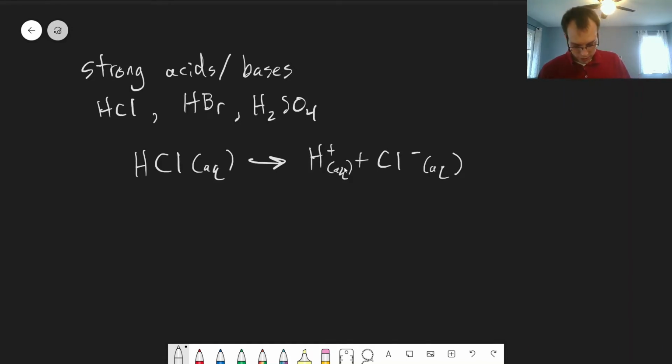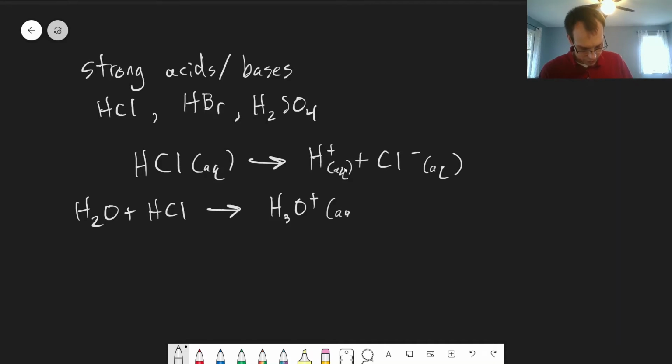Sometimes you'll see this written this way, where we have H2O plus HCl, emphasizing the fact that the proton doesn't exist by itself in solution. It always associates with other water molecules, and so we form this hydronium ion H3O+, which is itself a simplification, but we'll just leave it at that. But the whole point here is that all of the HCl, when it goes into solution, it completely dissociates. And that's what makes something a strong acid.